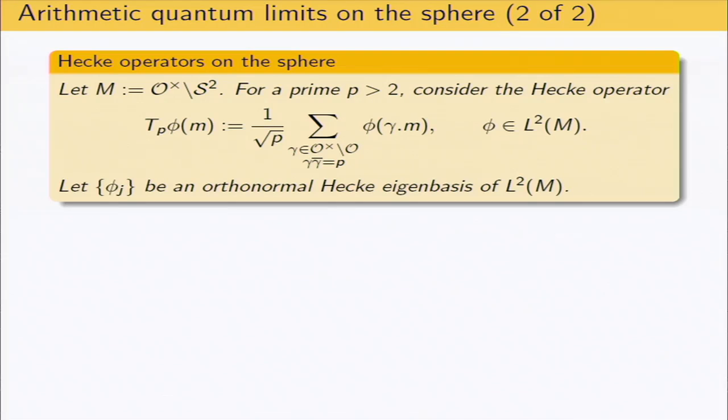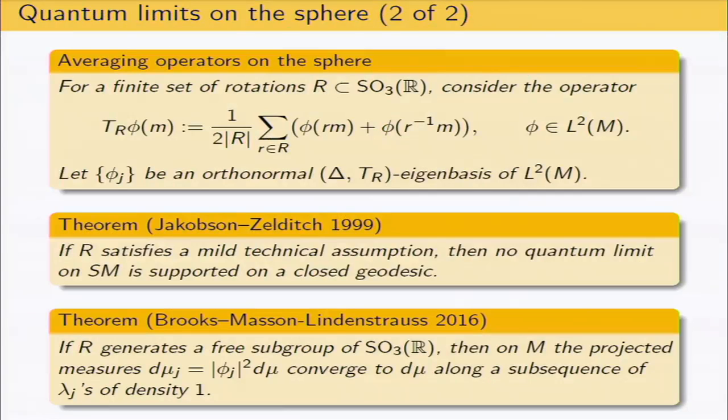over which we average with this customary scaling 1 over square root p. So the true average would be 1 over p plus 1, but for number theory purposes, it is better to divide by square root p. And that's how we get our Hecke operators. And these are actually averaging operators in the previous sense, except for the scaling.